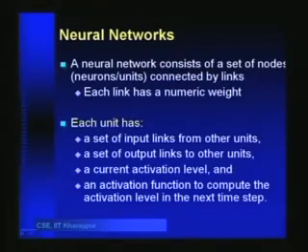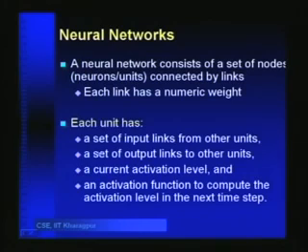So, a neural network consists of a set of nodes which are neurons connected by links. Each of these nodes has very simple processing capability, and there are lots of them and they are connected by links. Each link has a numeric weight associated with it.